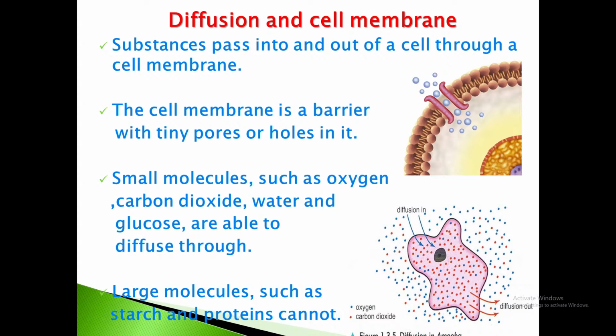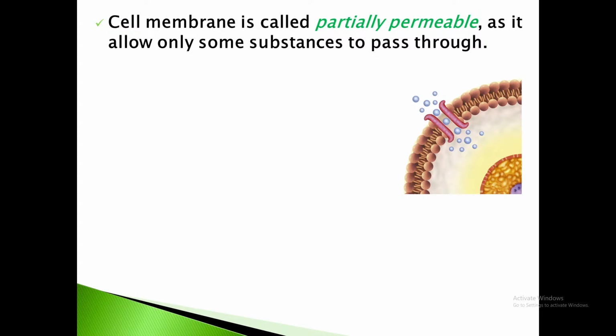However, there is a but: large molecules such as starch and protein cannot. That simply tells you that only some substances are allowed by the cell membrane to enter or leave. The words partially and semi both mean some. So we normally say that the cell membrane is selectively permeable, or semi-permeable, or partially permeable. All of those three terms mean some.